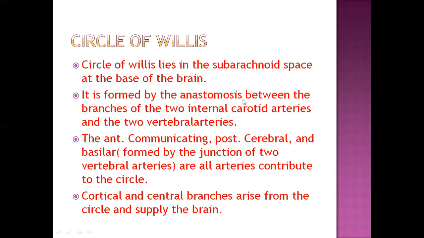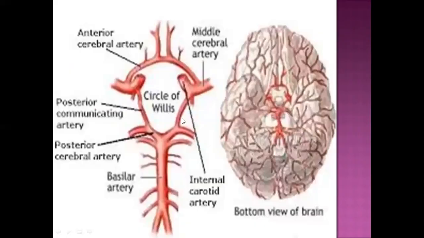So this anastomosis is very helpful because it prevents instant blockage of the artery, covers the blockage of small arteries, and prevents damage in the brain. So this is a picture of the circle of Willis.